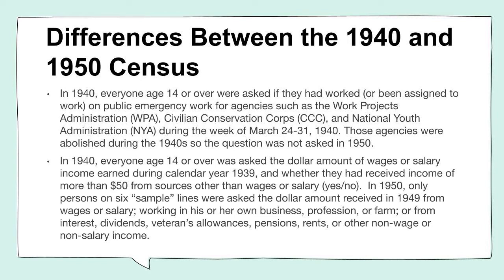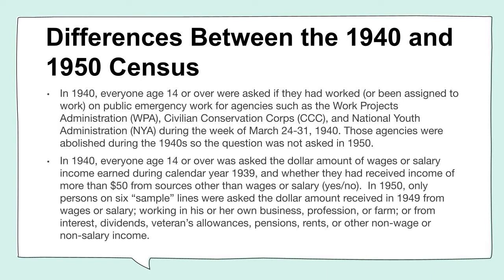In 1940, everyone aged 14 or over was asked the amount of wages or salary income earned during the calendar year of 1939, and whether they had received income of more than $50 from other sources, other than wages or salaries.